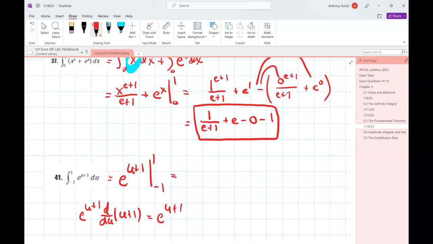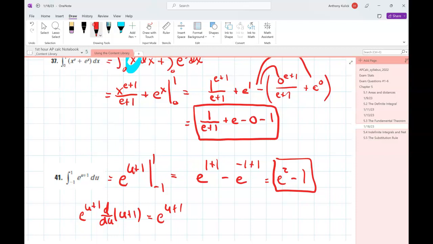So we just evaluate. I have e to the 1 plus 1 minus e to the -1 plus 1, which is e squared minus 1. And we're done. Feel okay?